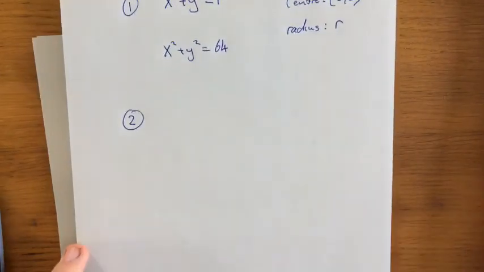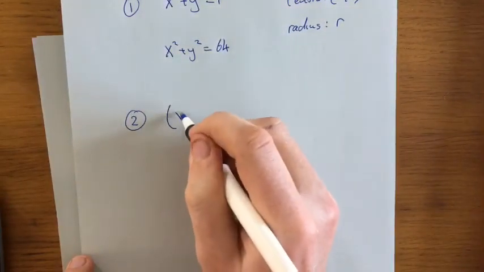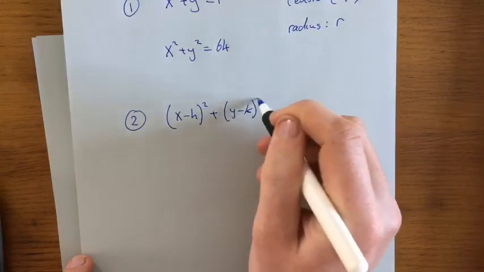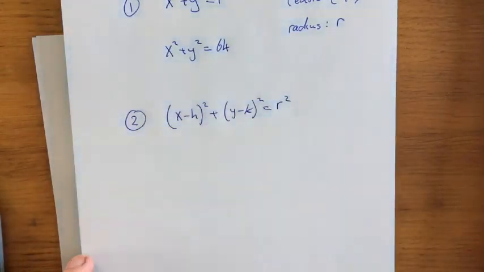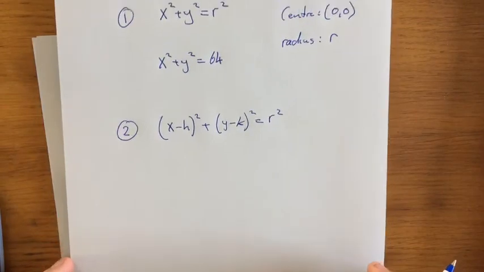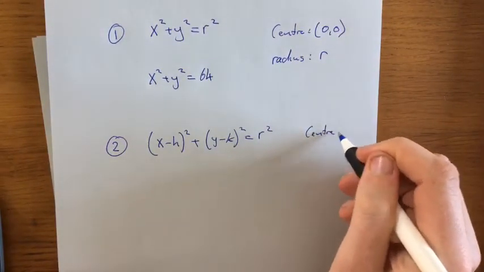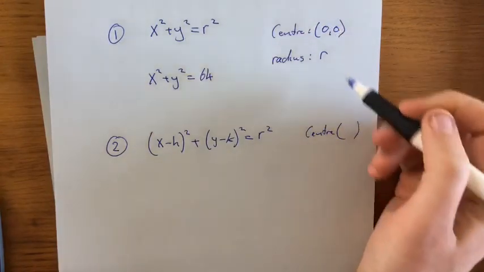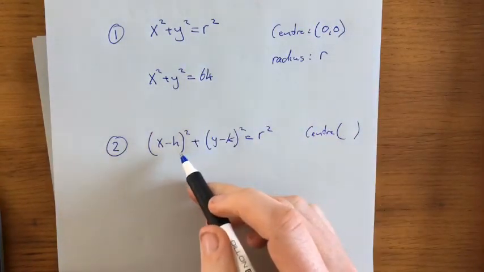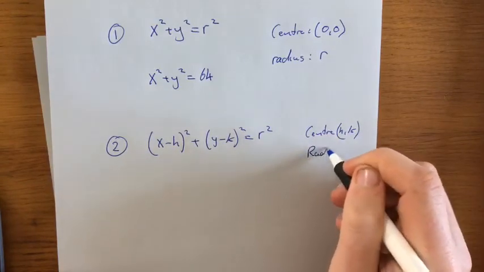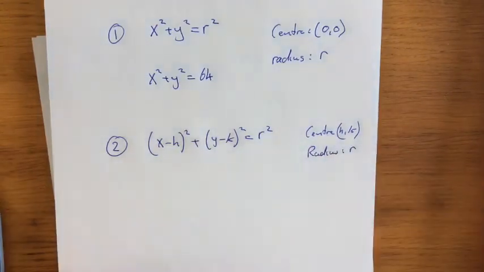The other type of circle you can get is this type here: x minus h, all squared, plus y minus k, all squared, is equal to r squared. So this type of circle is where the center is not on 0, 0 anymore. The center is actually h, k, and the radius is once again r.